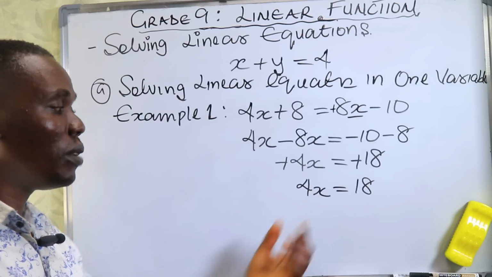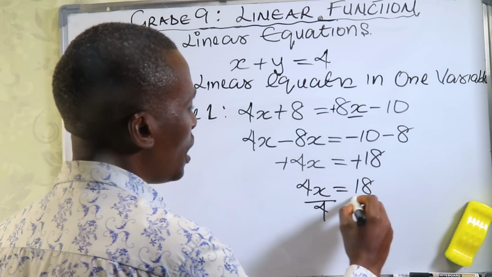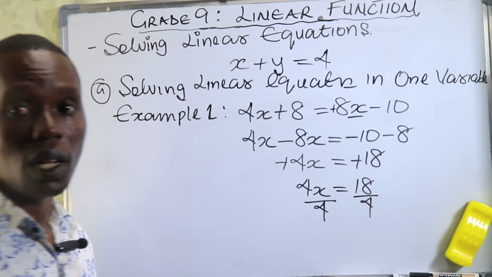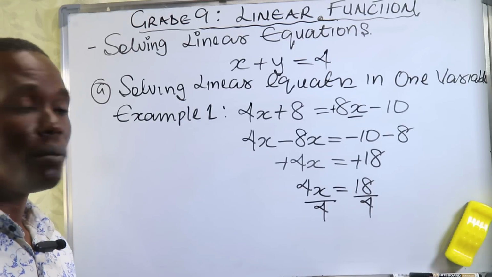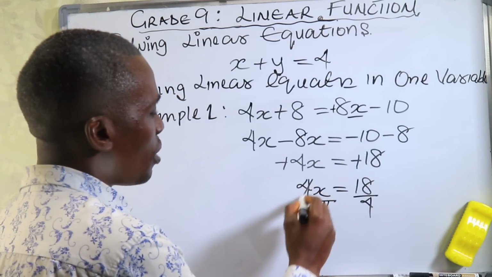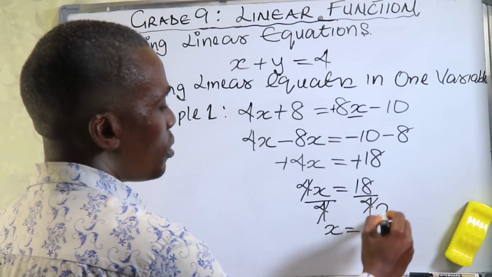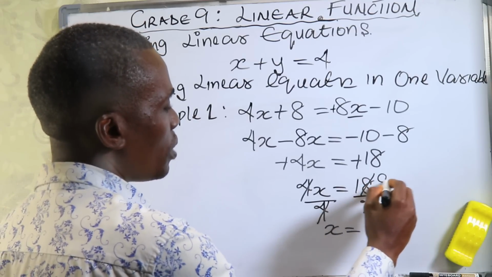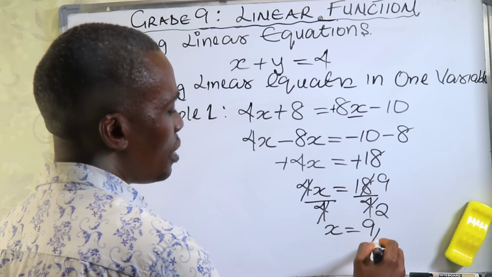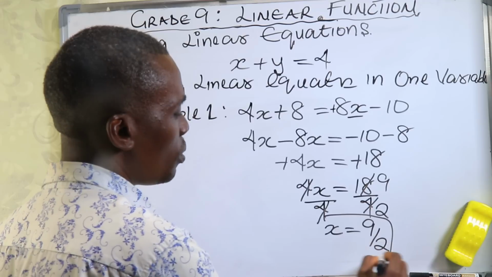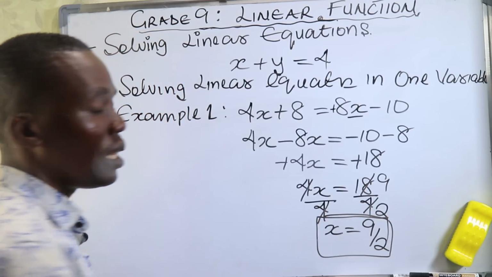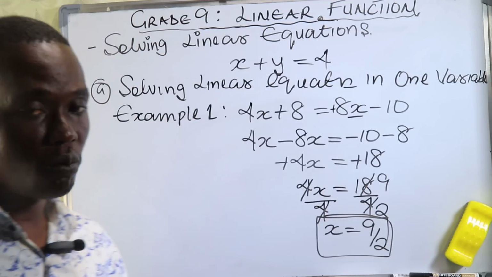To find the value of x, I have to divide by 4. Dividing by 4, 4 will cancel out 4, and then my x will be equal to 18 over 4, which simplifies to 9 divided by 2. So the value of x is 9 divided by 2.